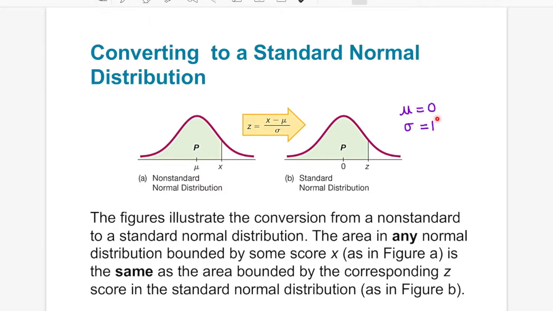It doesn't have to be 0 and 1. To convert from a non-standard normal distribution to a standard normal distribution, we use this formula right here.